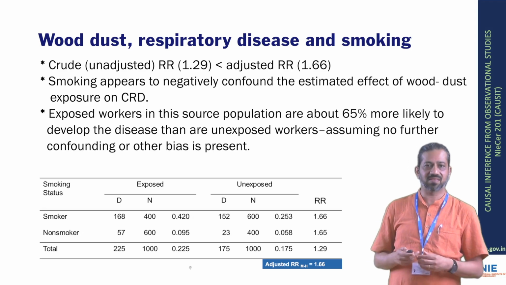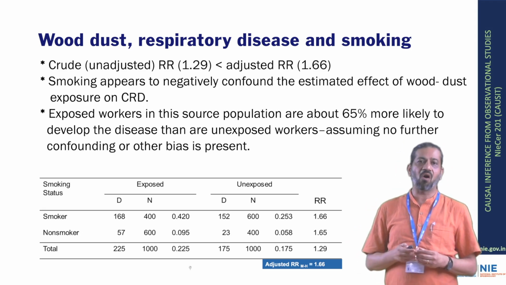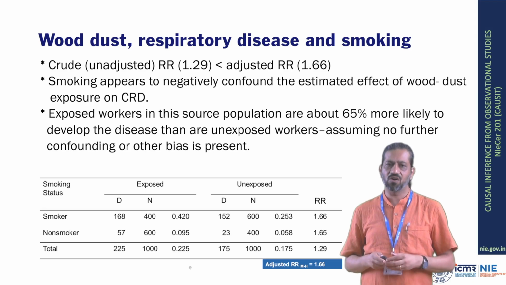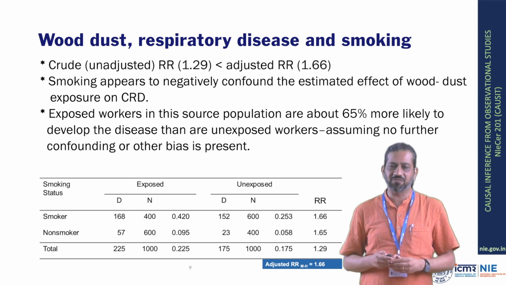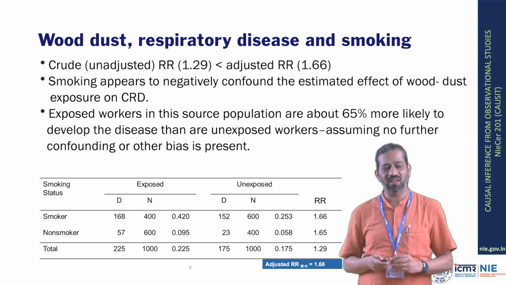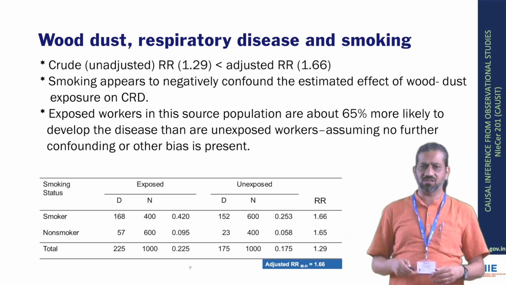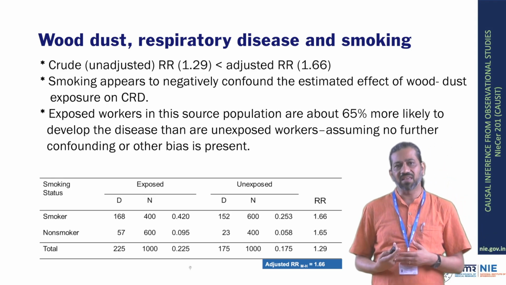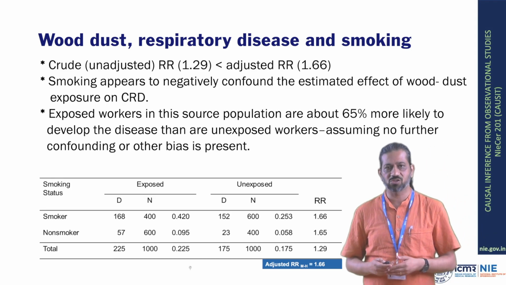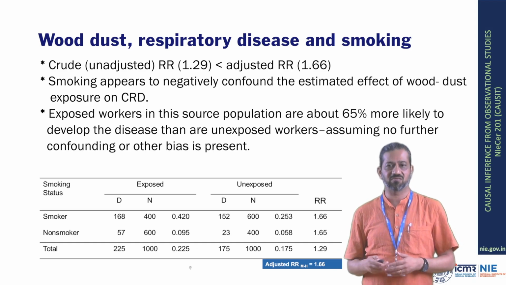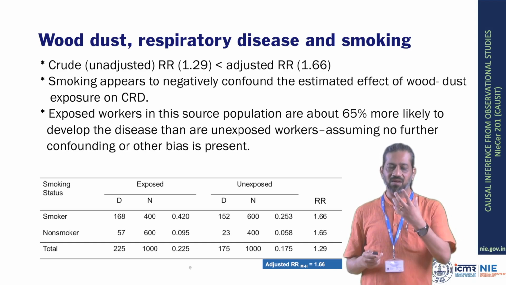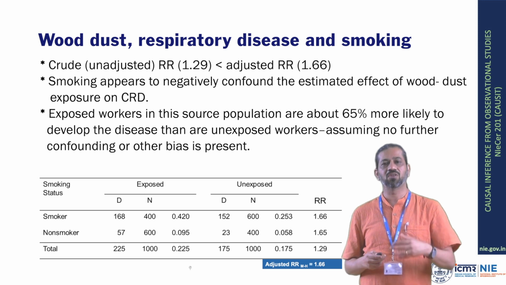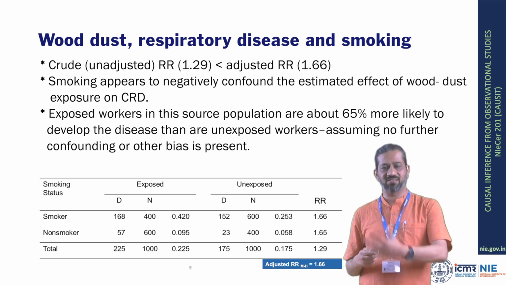What that means is that the true effect of exposure to wood dust on chronic respiratory disease is actually much higher after having adjusted for smoking. And if we had not adjusted for smoking, then we would have underestimated the effect of wood dust exposure on chronic respiratory disease. So the final measure of association that we would want to report would be the adjusted and not the crude.